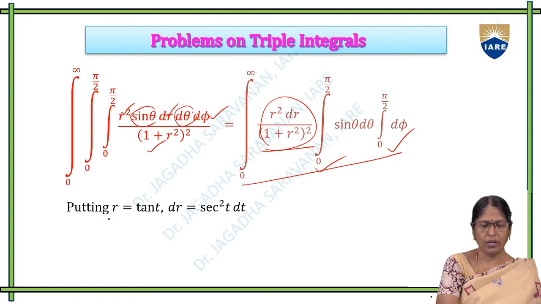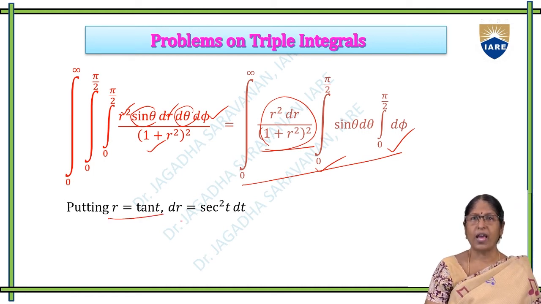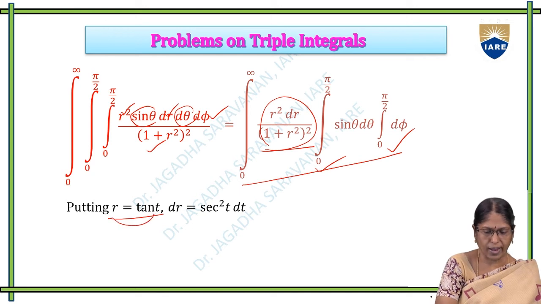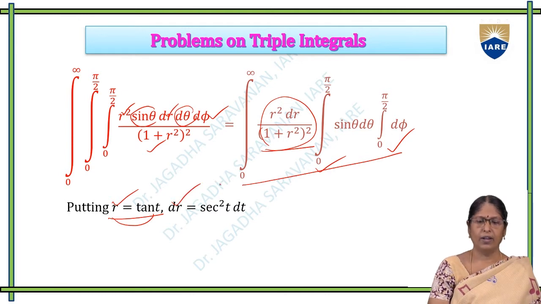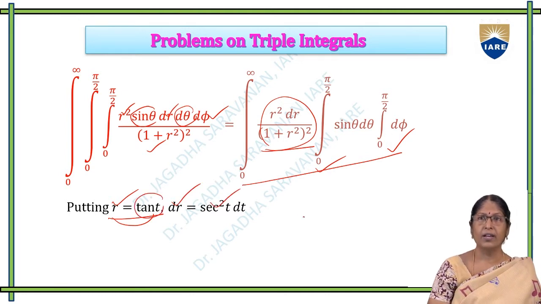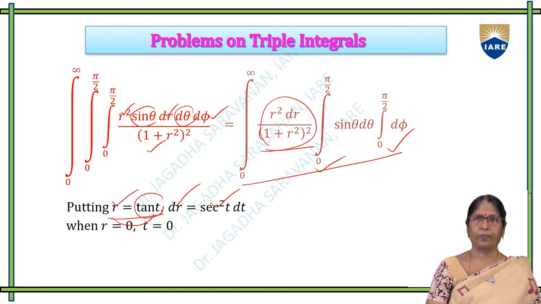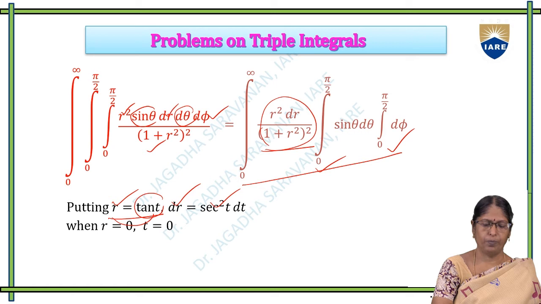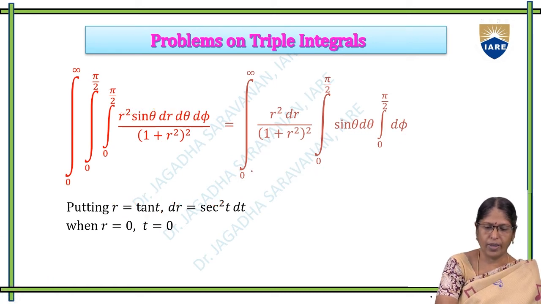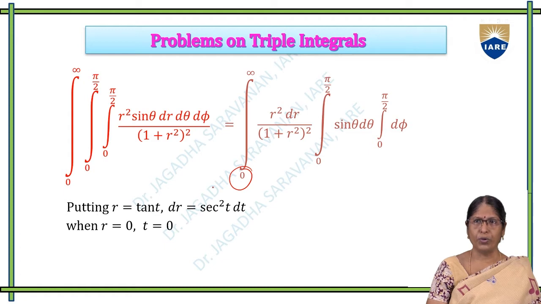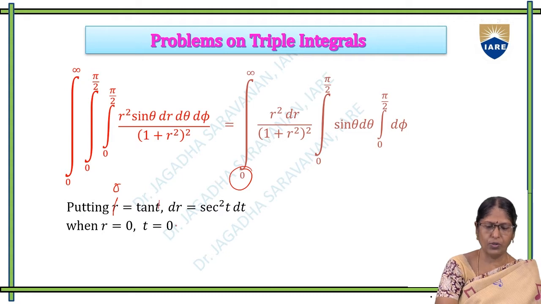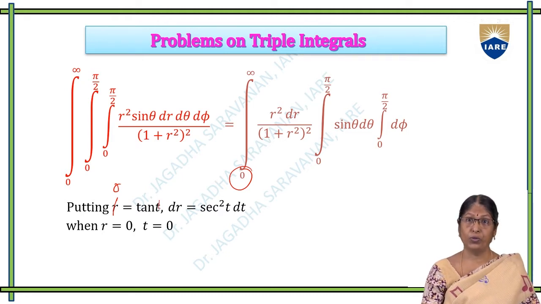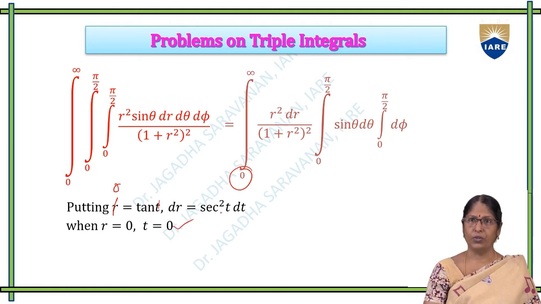For that, r equal to tan t, and on both sides we do the differentiation. The differentiation of r is dr, and of tan t is secant square t dt. When r equal to 0, we substitute tan 0, so 0 equal to tan t, so t is nothing but 0.